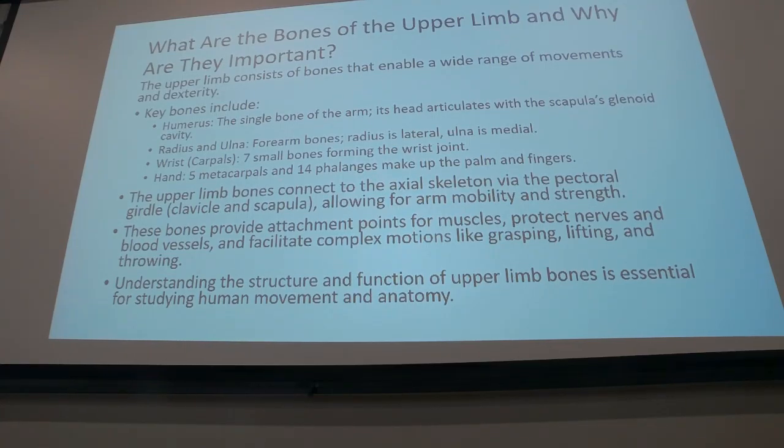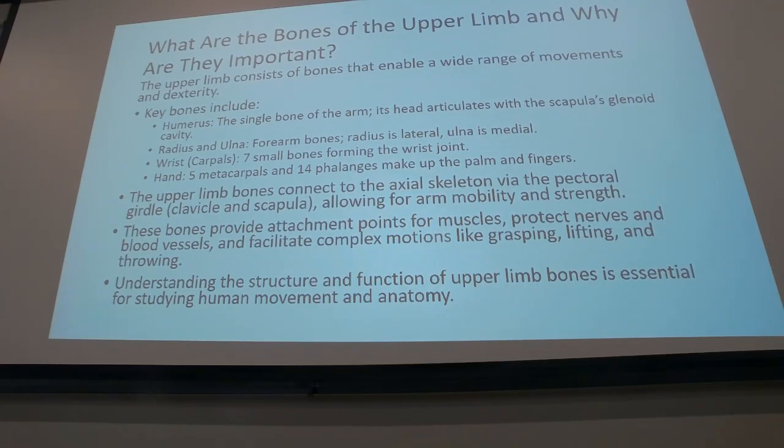And these help us to have this proper connection so that our upper limbs will always be attached to the body. Another important point for these bones is that they allow the attachment of muscles, protecting nerves as well, and blood vessels.